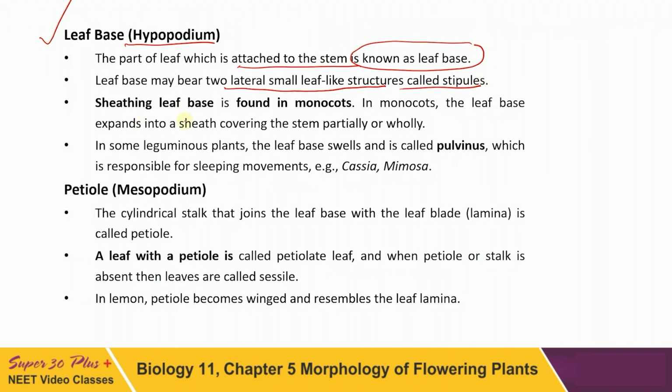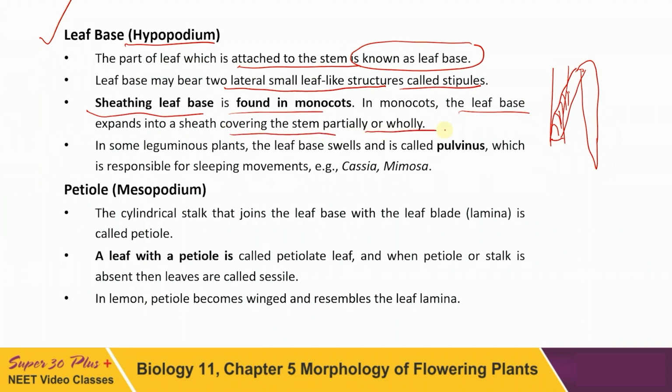A sheathing leaf base is found in the case of monocots. For example, in sugarcane, this is the node, and here this is the leaf base, which covers a part of the stem, and after this the leaf starts here. That is known as a sheathing leaf base, as found in monocots. In monocots the leaf base expands into a sheath covering the stem partially or wholly.